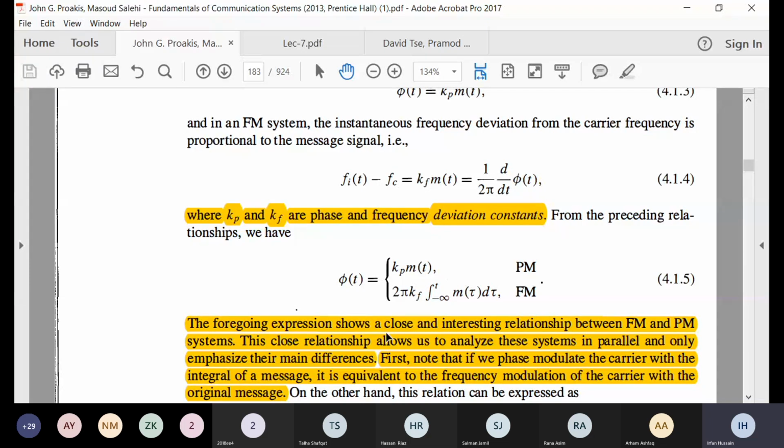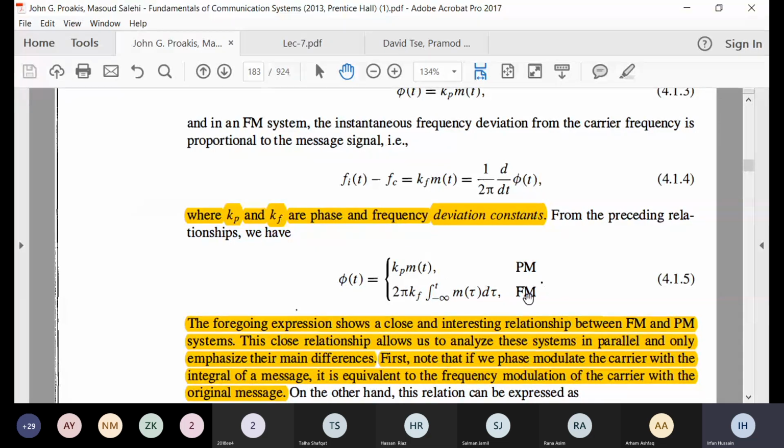Coming back. So you can see that phi(t) could be Kp m(t) for PM, while phi(t) will be the integral of m(t) for FM. Now this relation gives us a very important relationship between PM and FM systems. And what is this relationship?